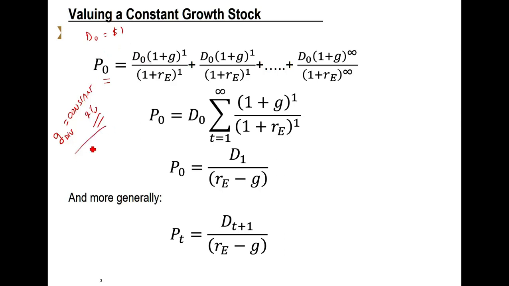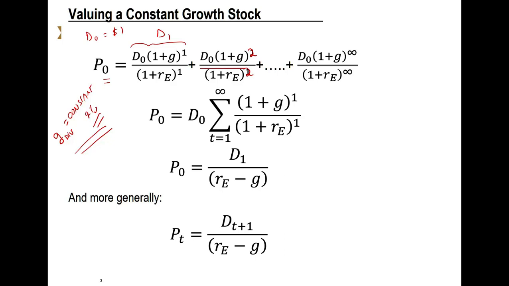Remember, it was growing at g, at a constant rate every year. So multiplying D sub 0 times 1 plus g is nothing more than just D1. What is D2? D2 will be D sub 0 growing at g for 2 years.